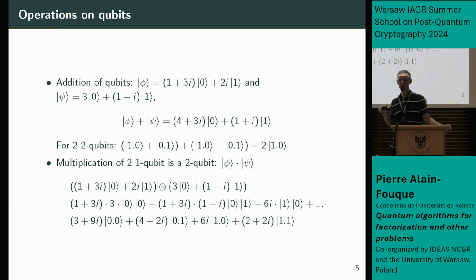So for the 00 component, I will get (1 plus 3i) times 3. And for the 10 component, it's the first coordinate, (1 plus 3i), times (1 minus i). If I do the math for this complex multiplication, I will get 4 plus 2i. So it's not very complicated to see.